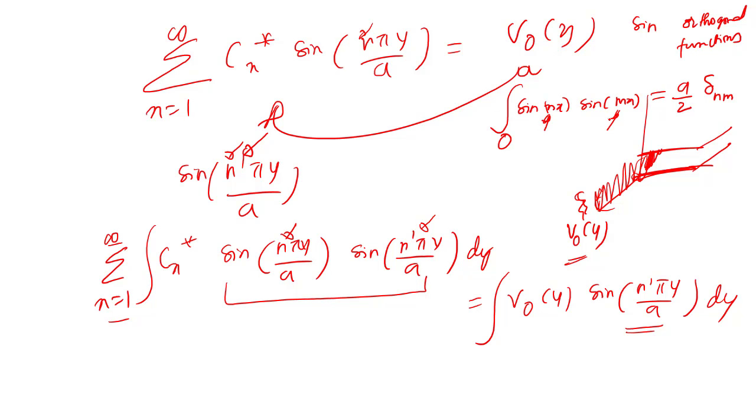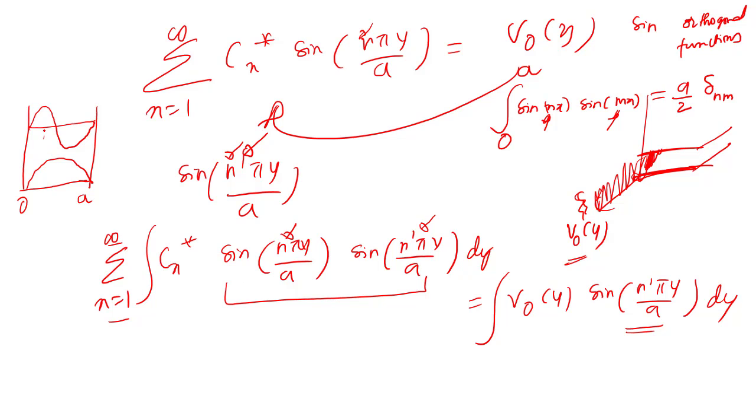For example, let's say this is 0 and this is a. If I take n is equal to 1, sine 1x, that would look like something like this. And if you take sine 2x, you would get 2 of these. If you multiply these two, you would get something like that.